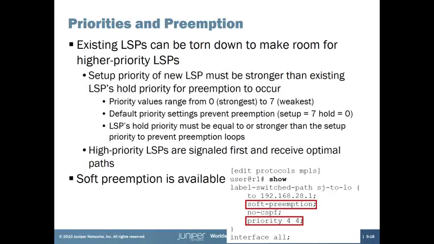You could get a situation where the LSP could be set up, but then another LSP with a higher setup priority than that LSP's hold priority could tear it down, and then that LSP's setup priority could be higher than that LSP's hold priority. It could build it again, and it could be torn down again, and build again, and torn down again. So that could just keep on happening. So to prevent that, the requirement is that the hold has to be stronger or equal to the setup.